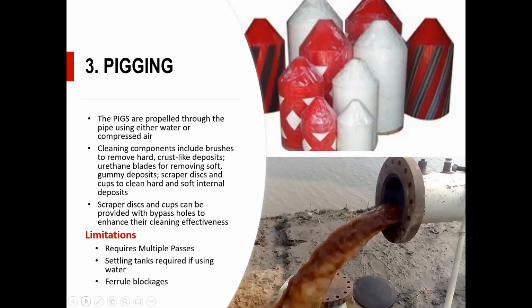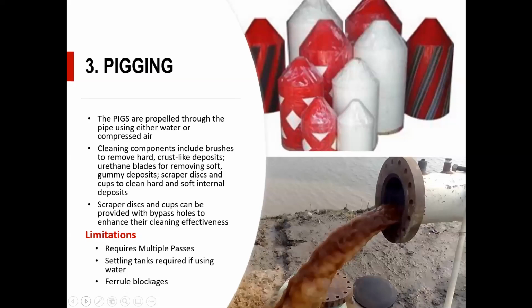If you're using water, at the exit point, you will need to put in settling tanks so you can collect any debris that's coming through. That will settle to the bottom of the tank, and the cleaner water can then be filtered off into normally a foul water pipe.